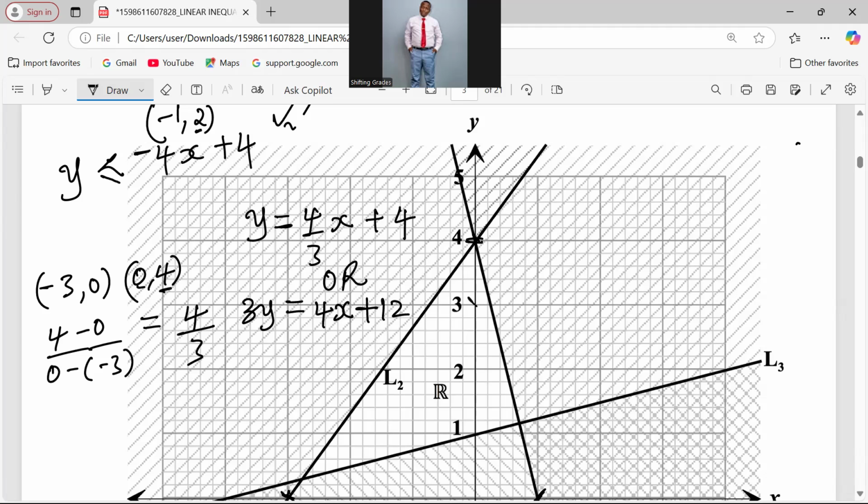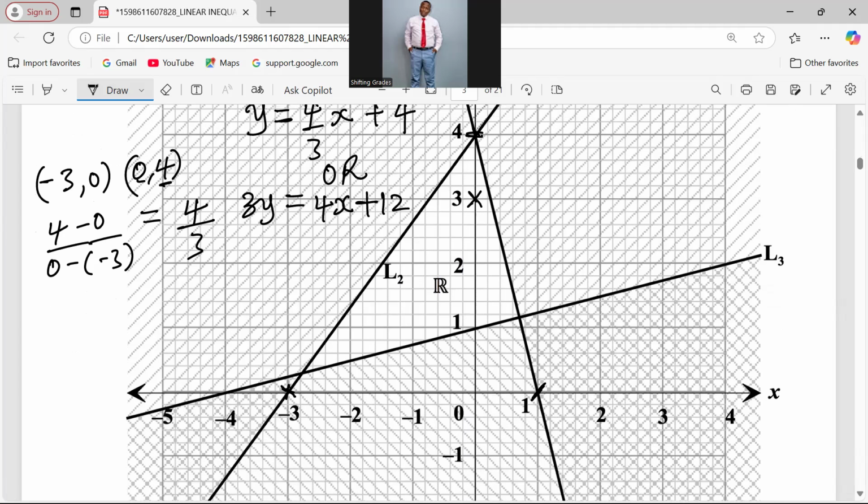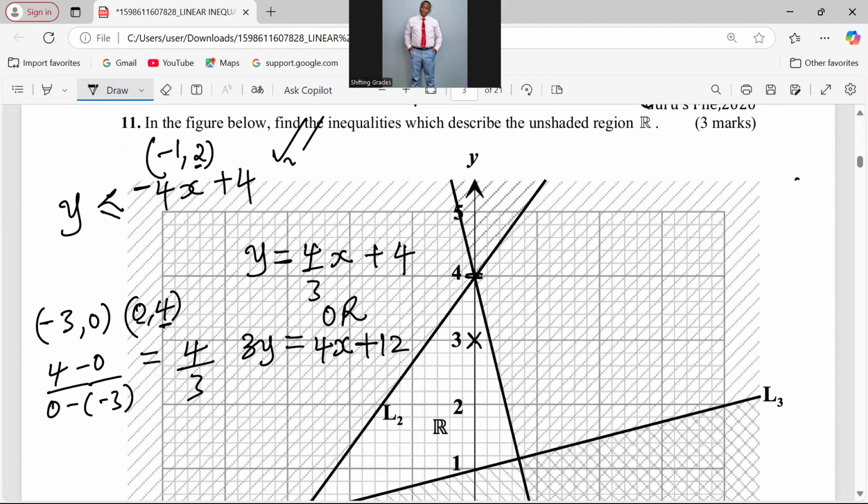I'll pick a coordinate which is within the required region, a coordinate like 0, 3. So we will replace coordinate 0, 3 in this equation so that we may see the relationship of the right-hand side and the left-hand side. Where there is x, we shall have 0. Where there is y, we shall have 3.